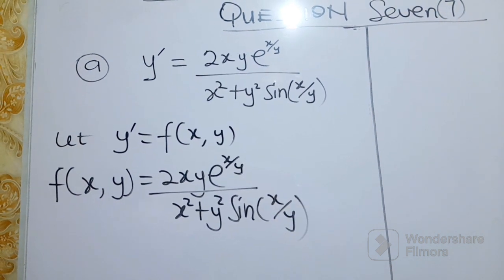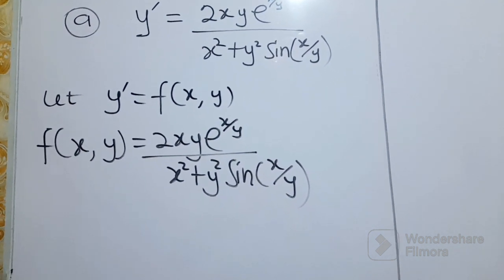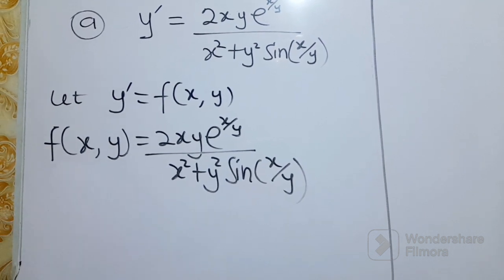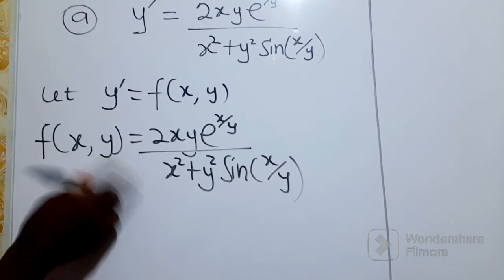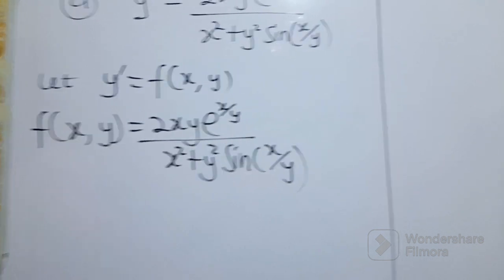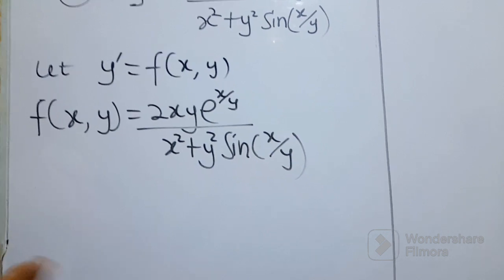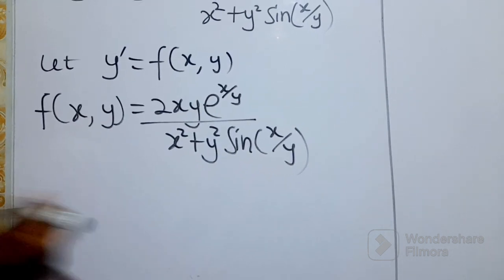So what does Euler's theory of homogeneous functions say? It says that we should introduce a parameter lambda to affect the variables x and y. Then if we factor the common parameter lambda out and we still get a function, that means the function is homogeneous. But if we didn't, then the function is not homogeneous.